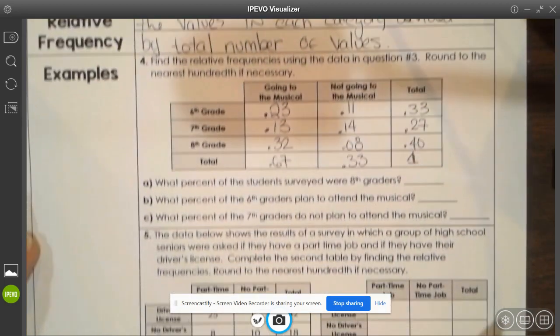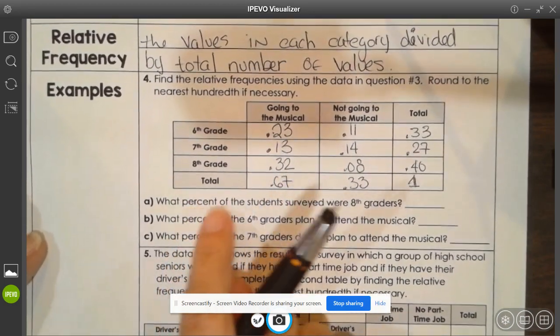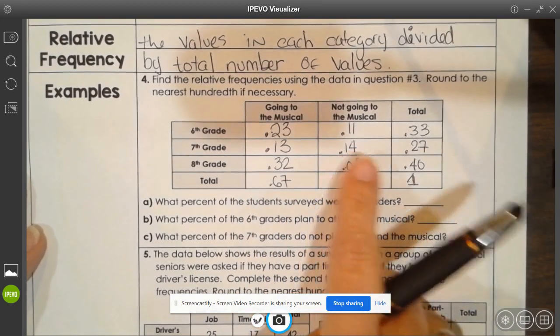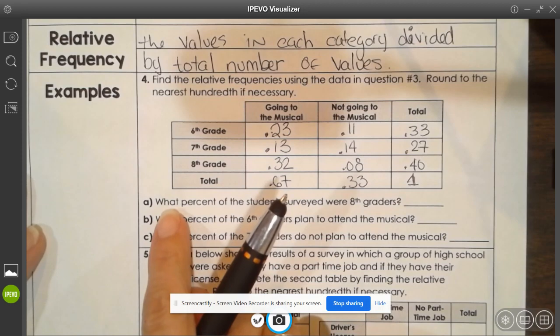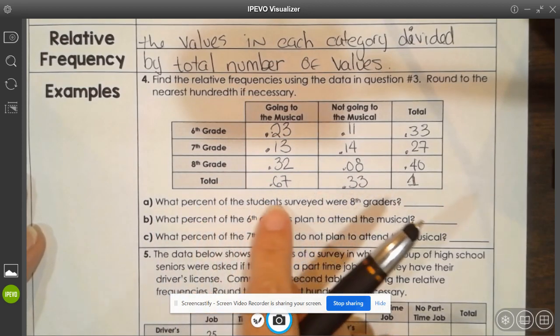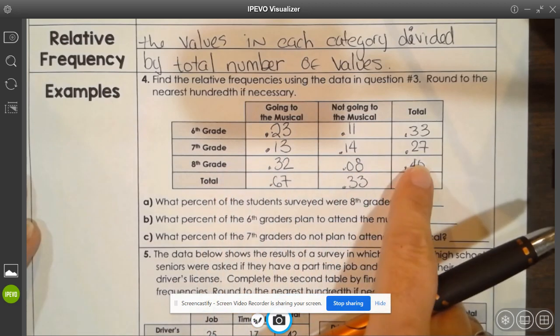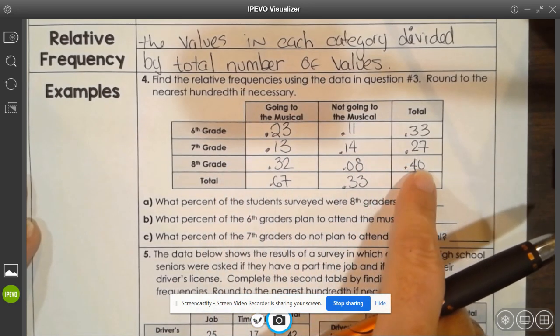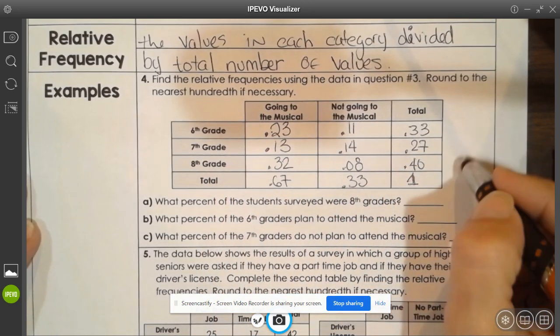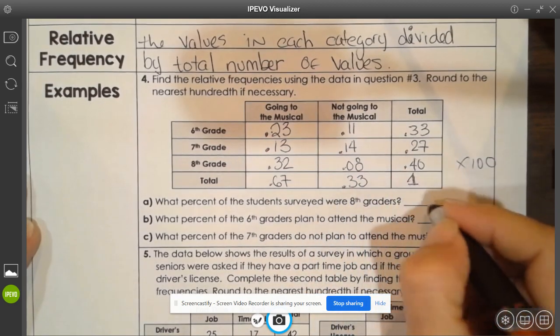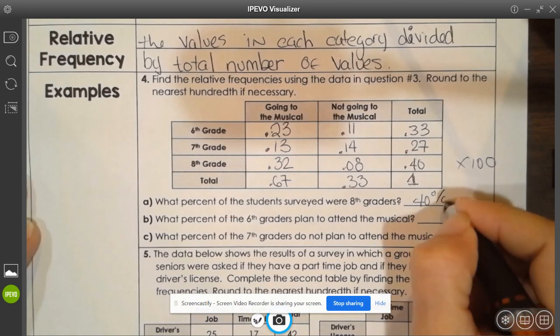You can try that. All right, so let's see, what percent of the students surveyed? So these are percentages. If you multiply by 100, it's a percentage, right? What percent of students surveyed were 8th graders? So 8th graders, that's 40%, because 0.40 times 100 will give you the percentage. So that is 40%.